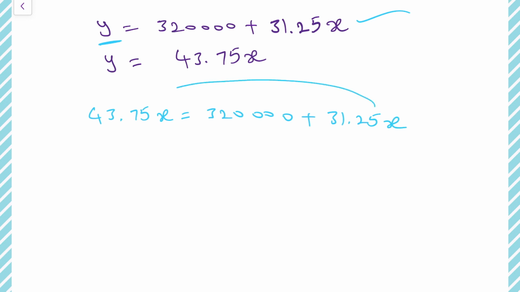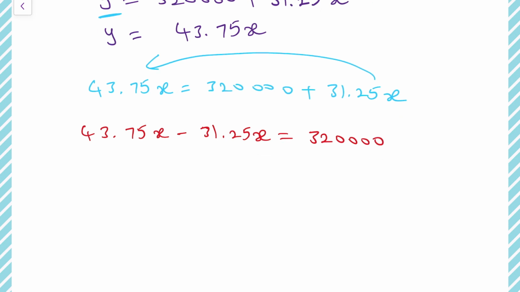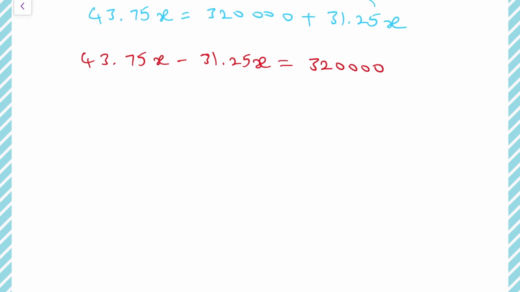Now 31.25x I am taking to the left side, so that will become 43.75x minus 31.25x equals 3,20,000.